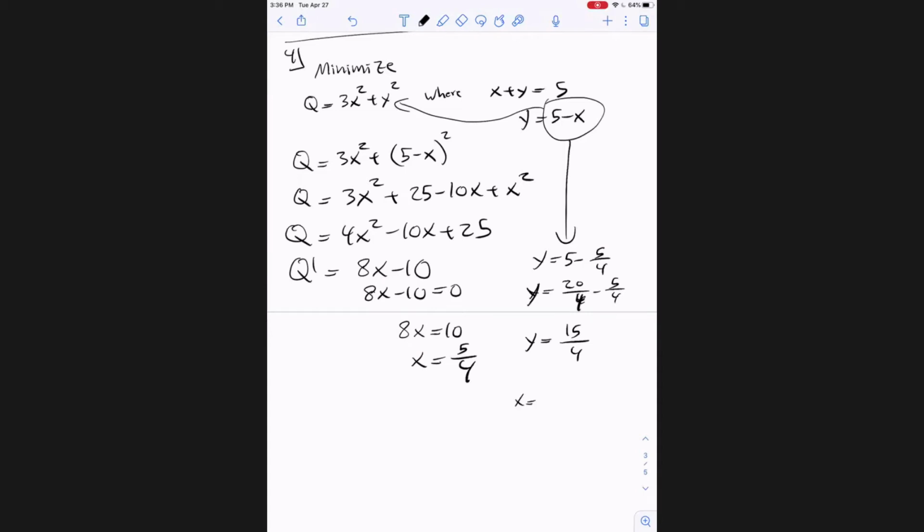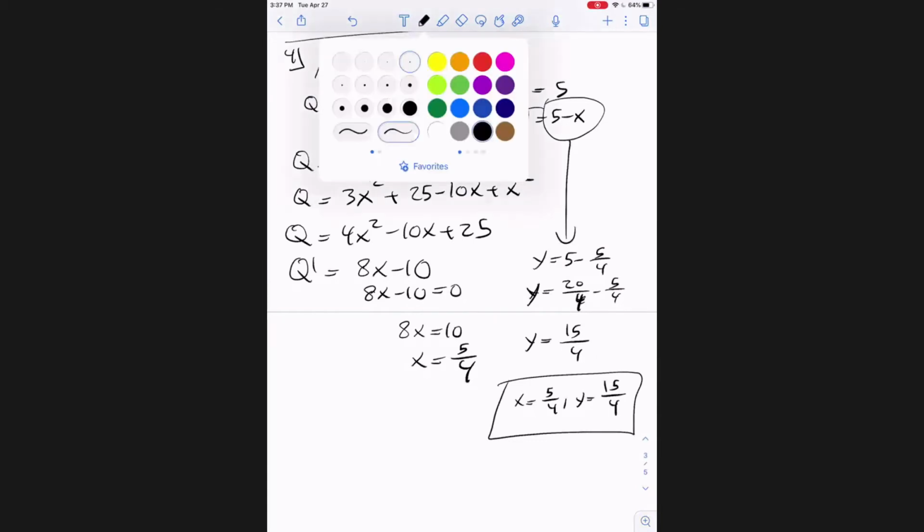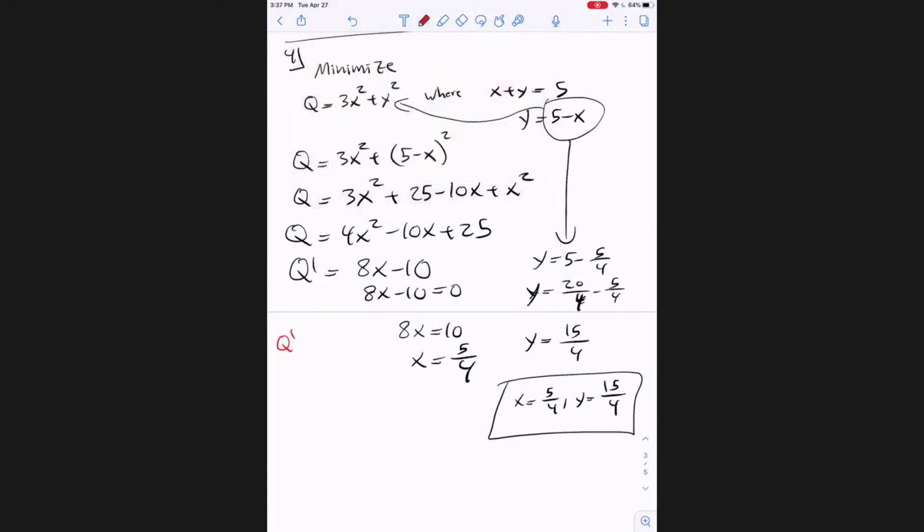So x equals 5/4, y equals 15 over 4. Now, how do I know this gives me a minimum? Well, you can do the second derivative test. Q double prime is equal to 8, which is concave up, which means you have a minimum at the critical value, and that's what we wanted, minimum. So this is the answer. Any questions?